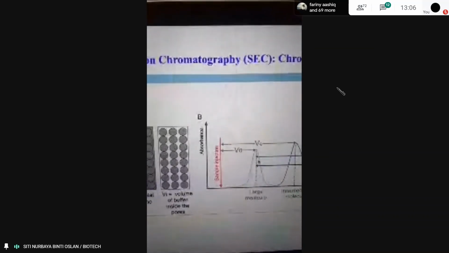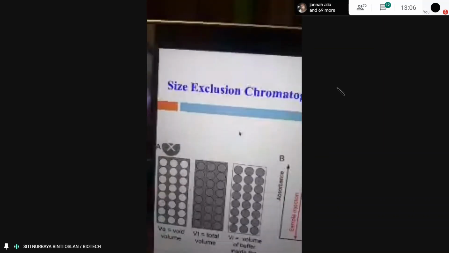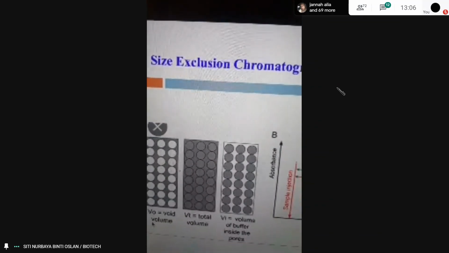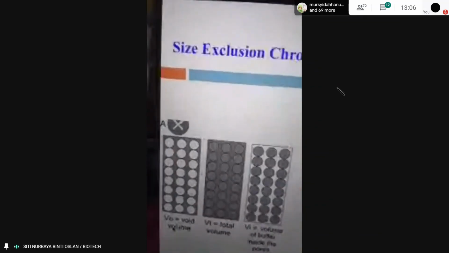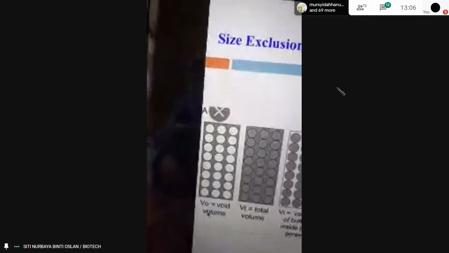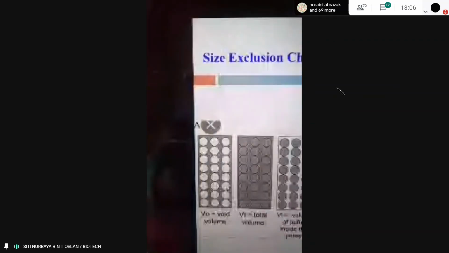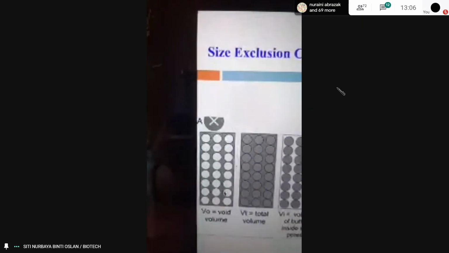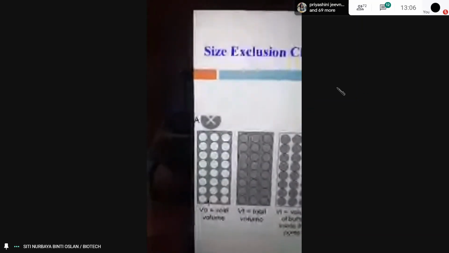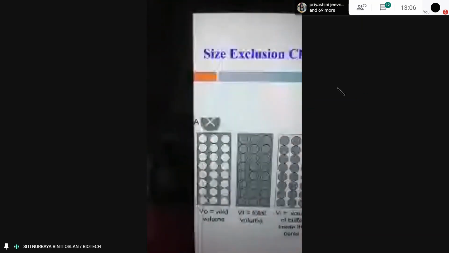So in size exclusion chromatography, the void volume is the volume of the buffer that we have used to fill up the space in between the matrix.